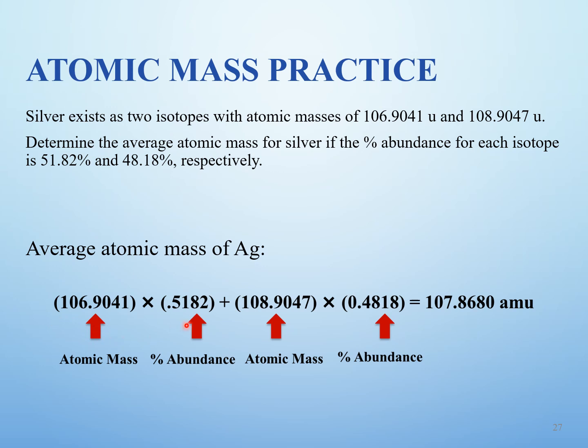So you take the abundance times the mass plus the abundance times the mass, and you get an average of 107.8680 AMU. As you can see, it's almost 50-50, so the number comes out right in between 106.9 and 108.9. 107.8 is kind of smack in the middle, because they're almost 50% each.